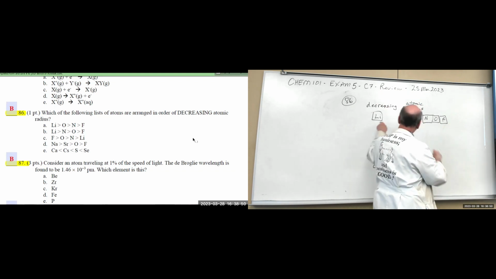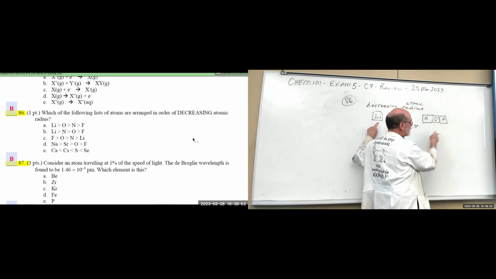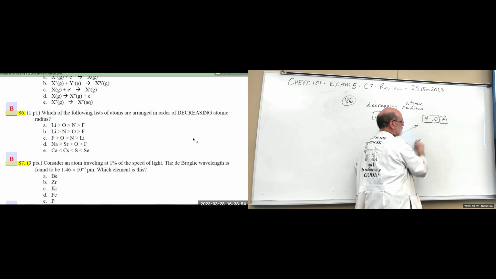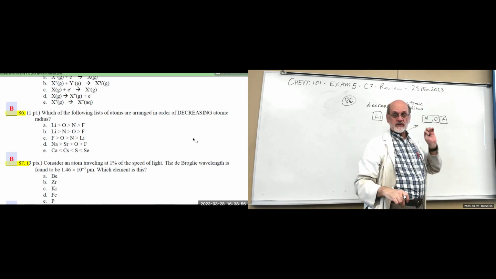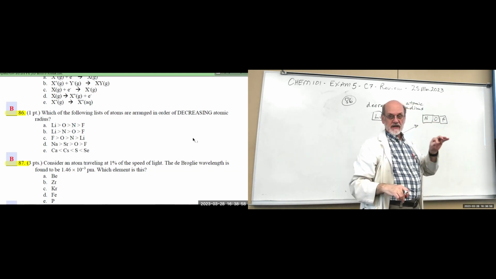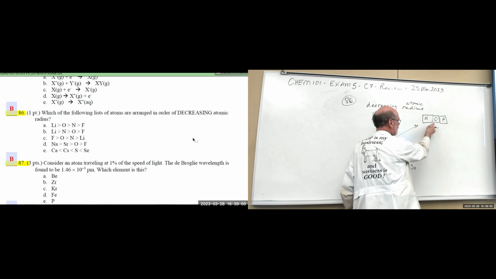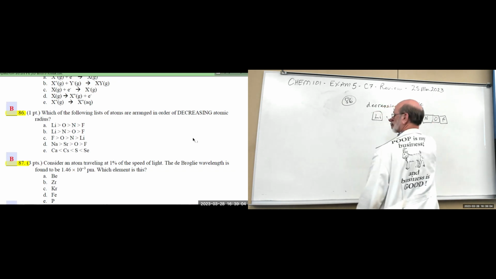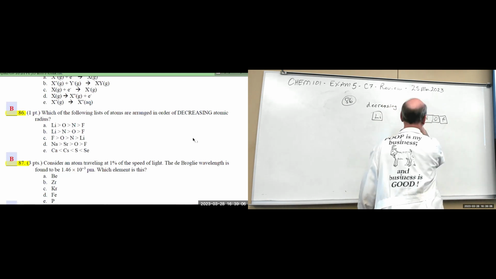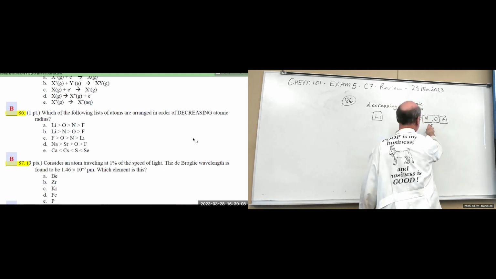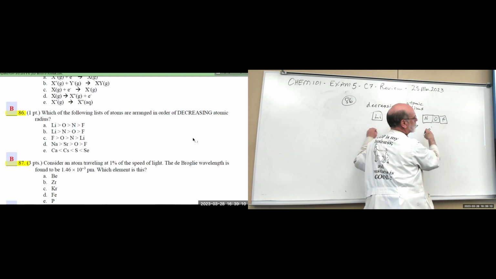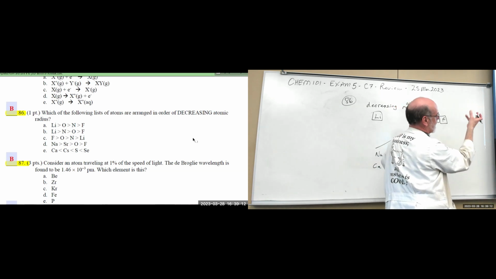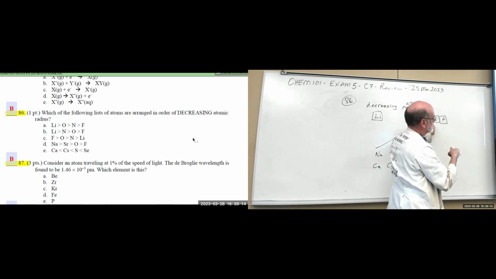All right. So lithium, oxygen, nitrogen, fluorine, these are backwards, right? From left to right, you should decrease atomic radius. So if we put oxygen in front, excuse me. No, this would be the right order. But A is wrong. A has oxygen and nitrogen reversed.